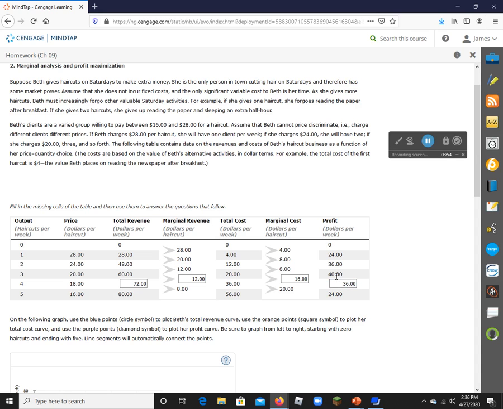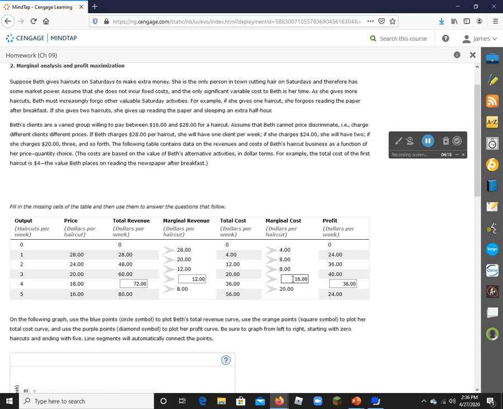Now if you look, doing a fourth haircut, what does that do to total profit? It decreases it from 40 to 36. So we know that Beth will not perform 4 haircuts on Saturday. Instead, she's probably only going to do 3, and we'll show in a minute why. But we look to the point where marginal revenue equals marginal cost.